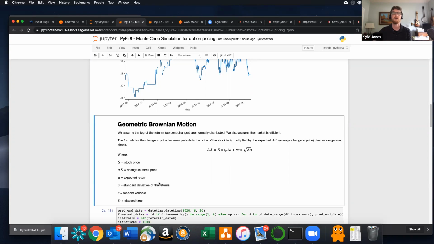It's going to multiply that by our standard deviation of the returns, actually the log of the returns, standard deviation of the log of the returns. And those basically become 2 parts. So the price tomorrow is the price today plus a drift and an exogenous shock. That's how we can think about this. So the change in the stock price is the current stock price times a drift plus an exogenous shock.